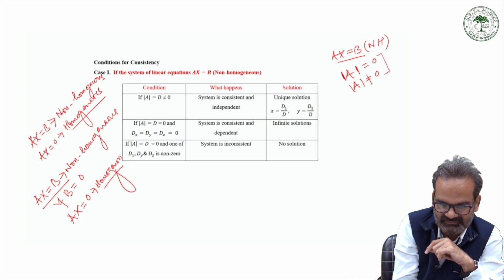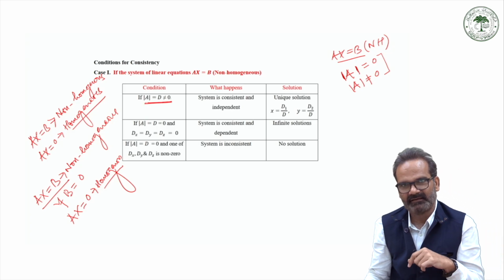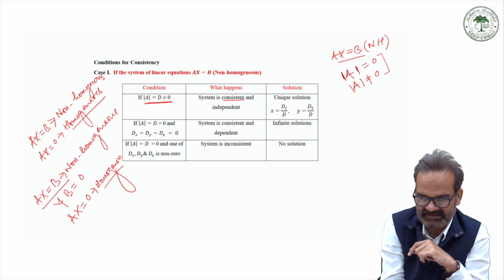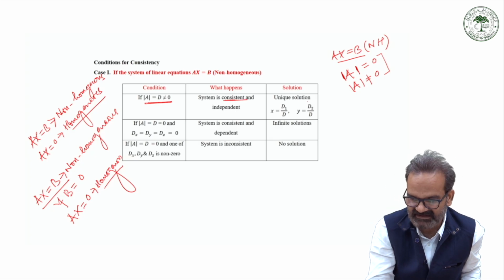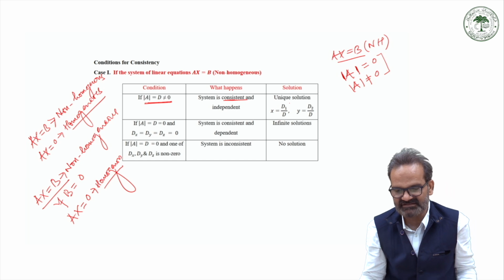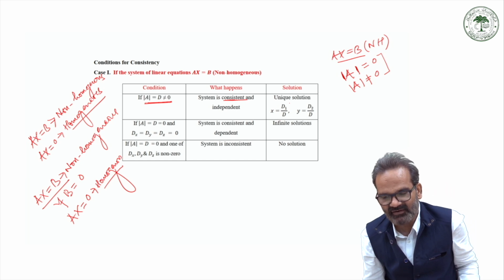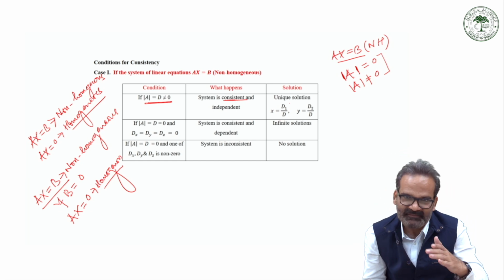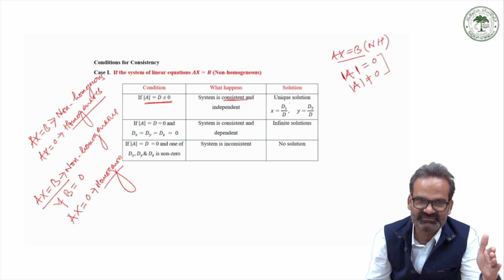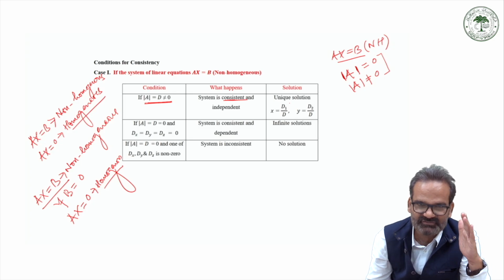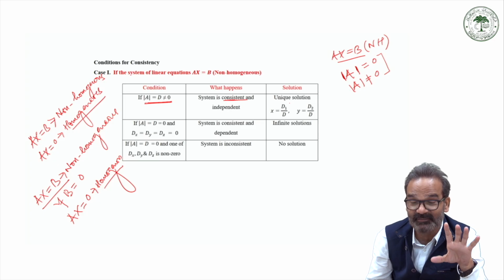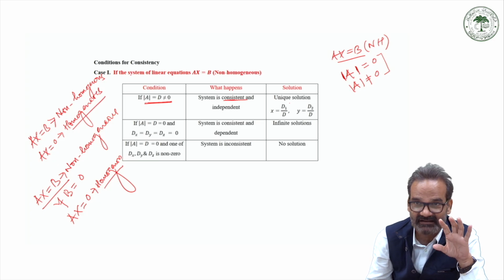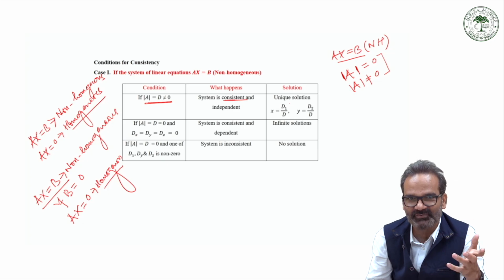Condition 1, if the determinant of A is non-zero, then the system is said to be consistent, and it has a unique solution given by x equals d1 upon d and y equals d2 upon d. So in all the exercises which we already solved, we had this case. In all the questions, the determinant of A was different from 0.